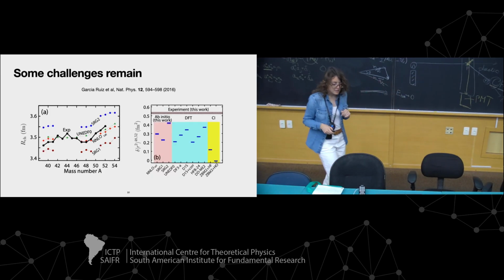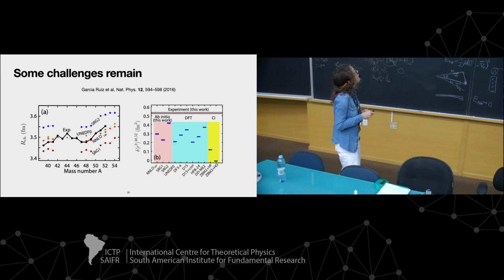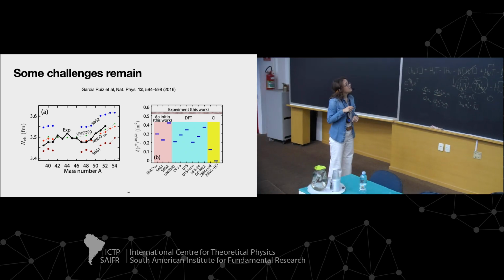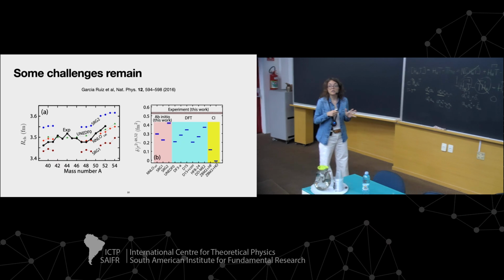But some challenges actually remain. So here I'm looking at charge radii in the calcium chain. This is an experiment that was done in 2016. They measured the charge radii of calcium-50 and calcium-52 with laser spectroscopy.